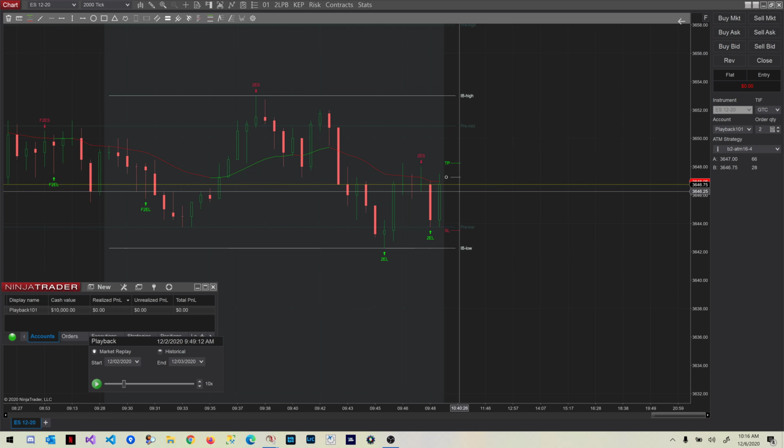So this is a second entry long. We entered right here. Here is our take profit target, and our stop loss would be here.